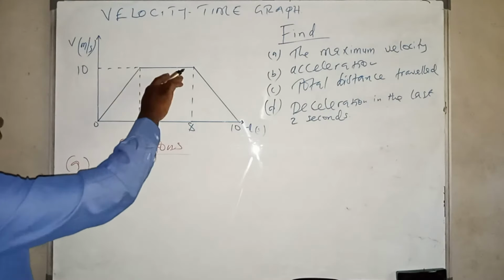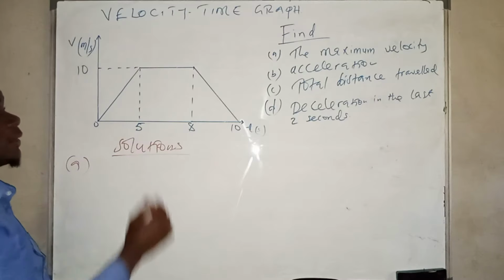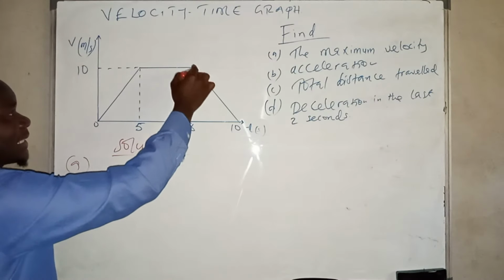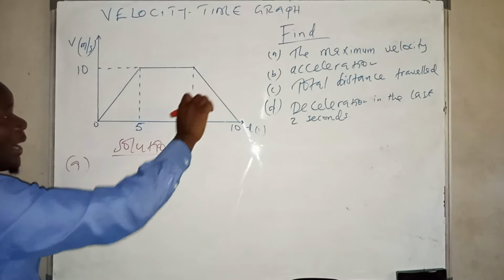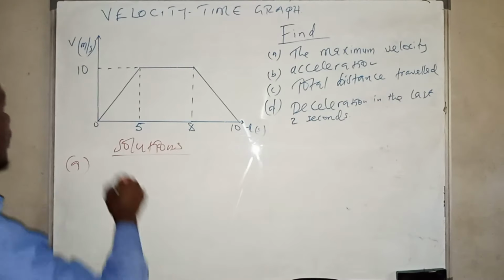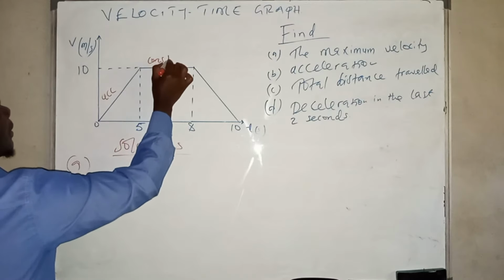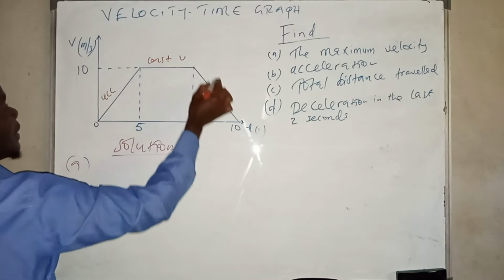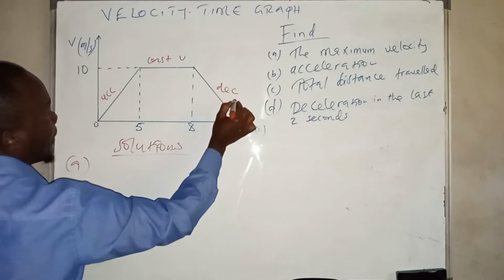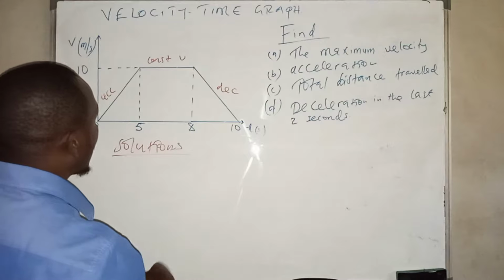Then the flat line represents the constant speed or velocity, and the line that slants downwards to the right represents the deceleration. So this is acceleration, this is constant velocity, then this is deceleration. So this is what we need to know.